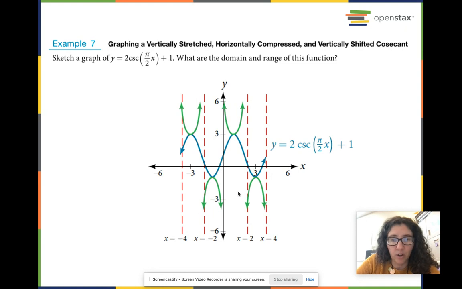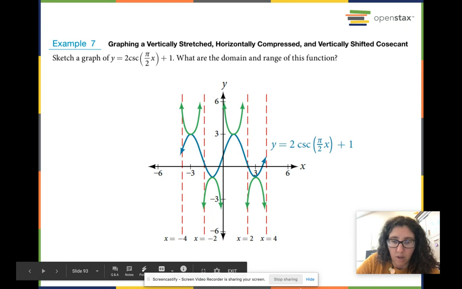Okay, we still make our vertical asymptotes where it crosses the x-axis, which makes things a little bit funny. All right.